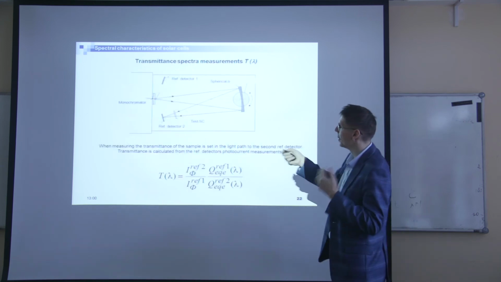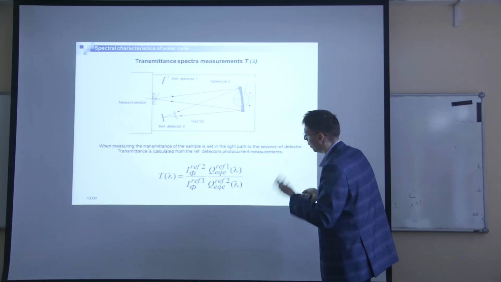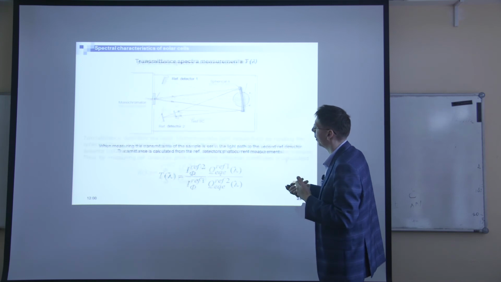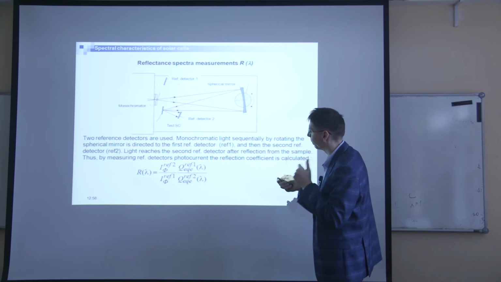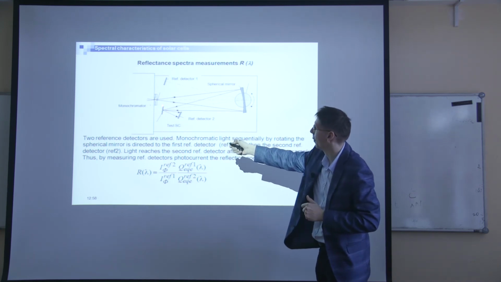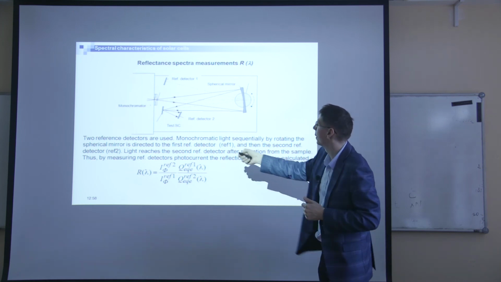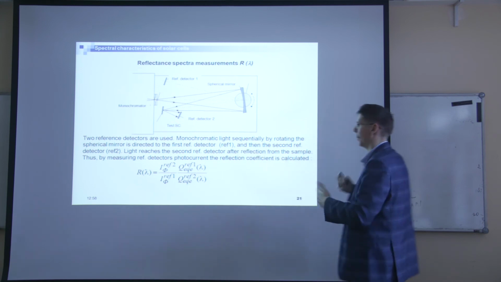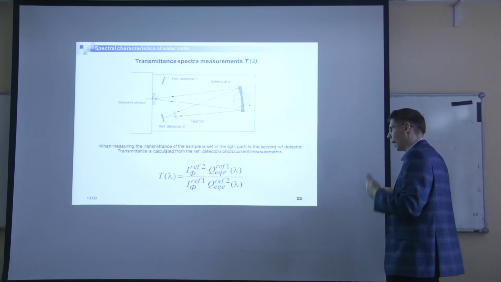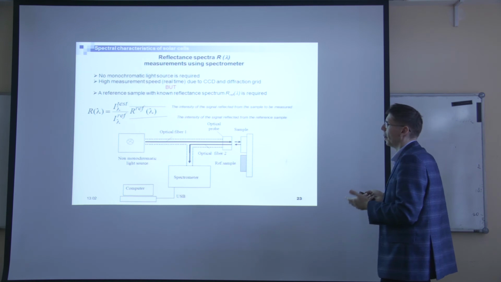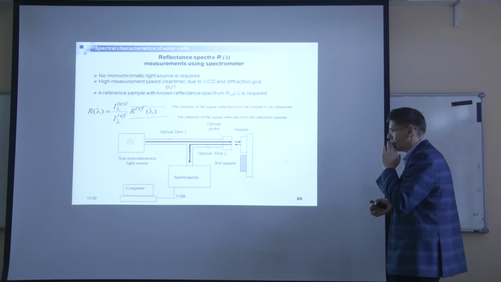If you have some monochromatic light and measure the signal from the solar cell and from the reference surface, you don't have to know exactly the spectrum of your detector. It's an absolute measurement, because reflection measurement is an absolute measurement, but it is based on your reference sample.